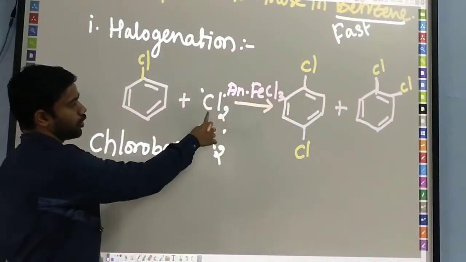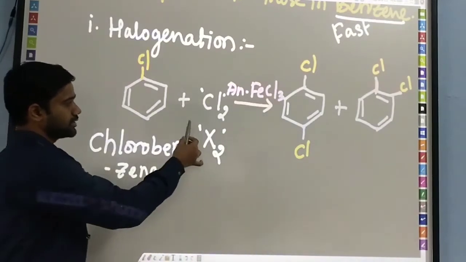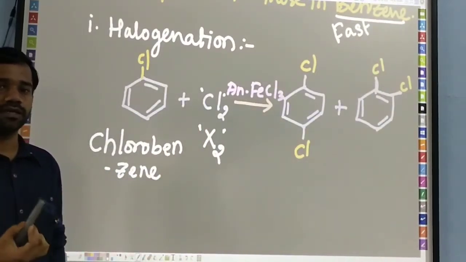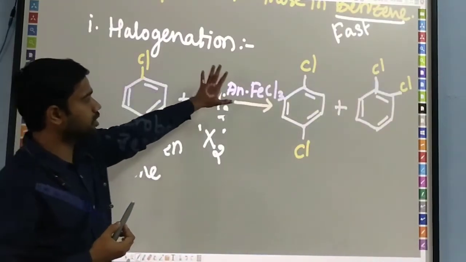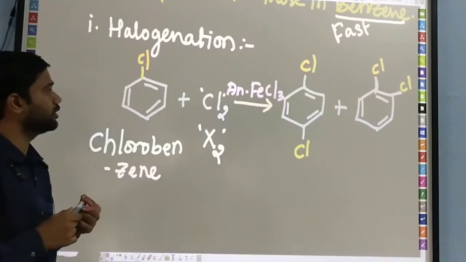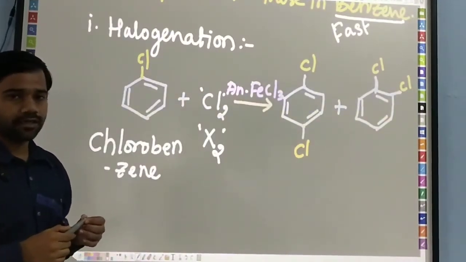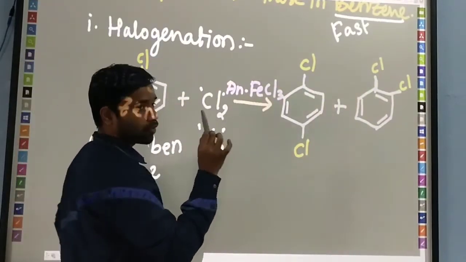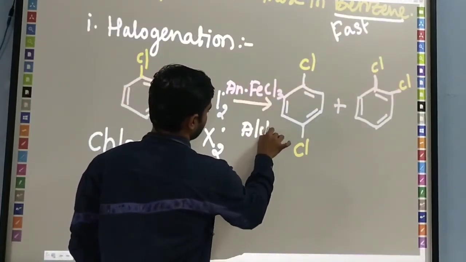That's why we do not consider fluorine, but we consider chlorine, bromine and iodine, because they provide stable compounds. The reaction will be undergone in the presence of FeCl3, anhydrous iron chloride, or it can also be carried out in the presence of anhydrous aluminium trichloride.